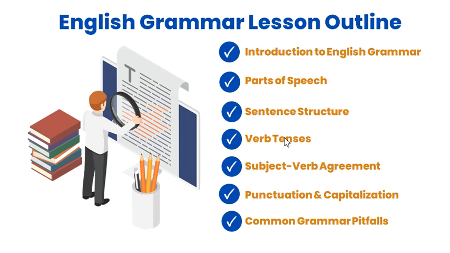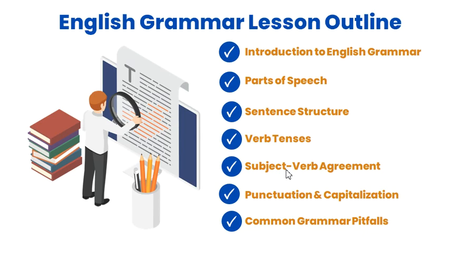We go to verb tenses and subject-verb agreement, punctuation and capitalization. And finally, we see common grammar pitfalls, the common problems and mistakes that can happen every time in our day-to-day communications. So this will be the outline.